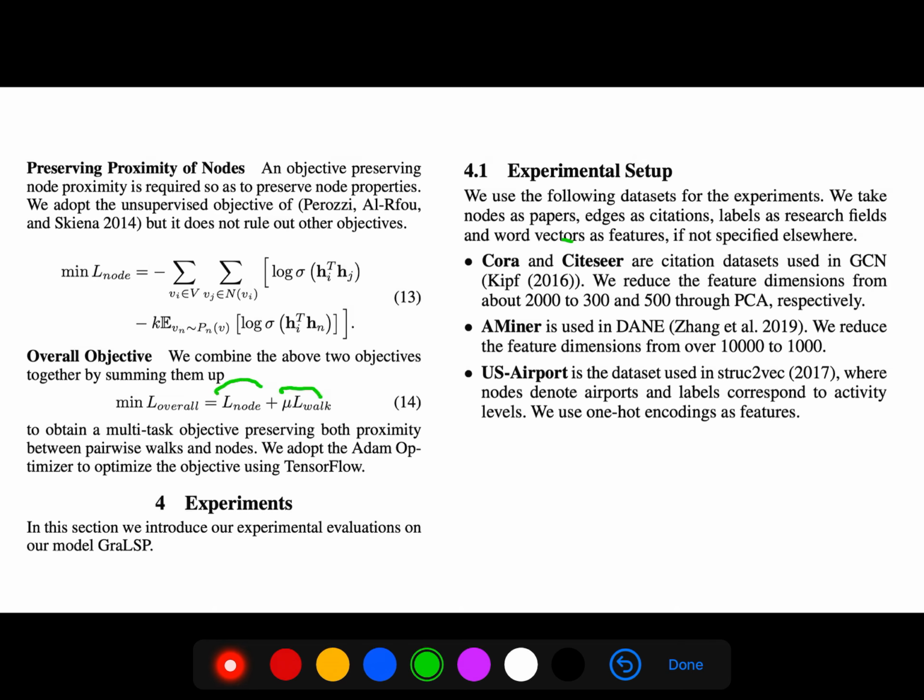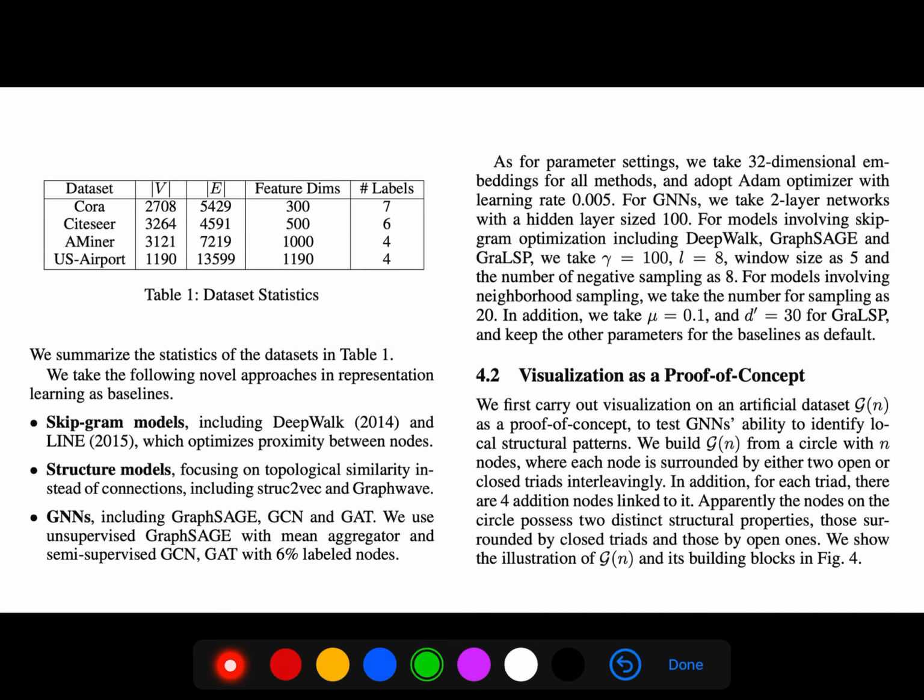They did it for the Cycle dataset, Cora dataset, and other datasets, where you see the number of vertices and edges, the feature dimensions, and the number of labels in each of these graphs.